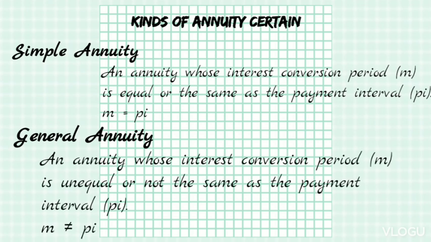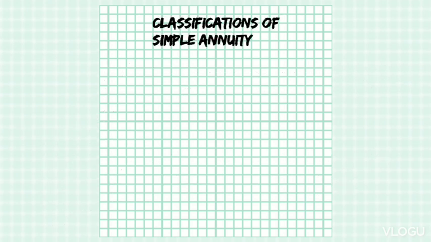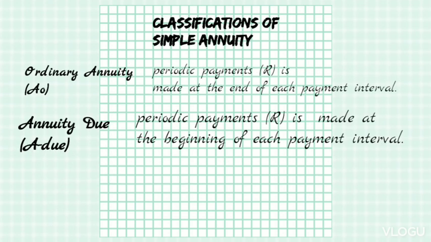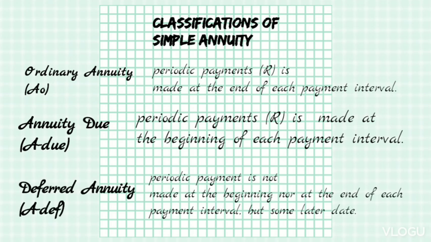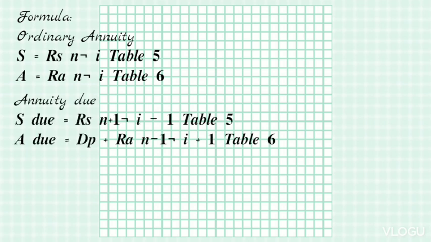A general annuity is an annuity whose interest conversion period, or M, is unequal or not the same as the payment interval. We have three classifications of simple annuity: the ordinary annuity, annuity due, and deferred annuity. This is the formula of the ordinary annuity, annuity due, and deferred annuity.